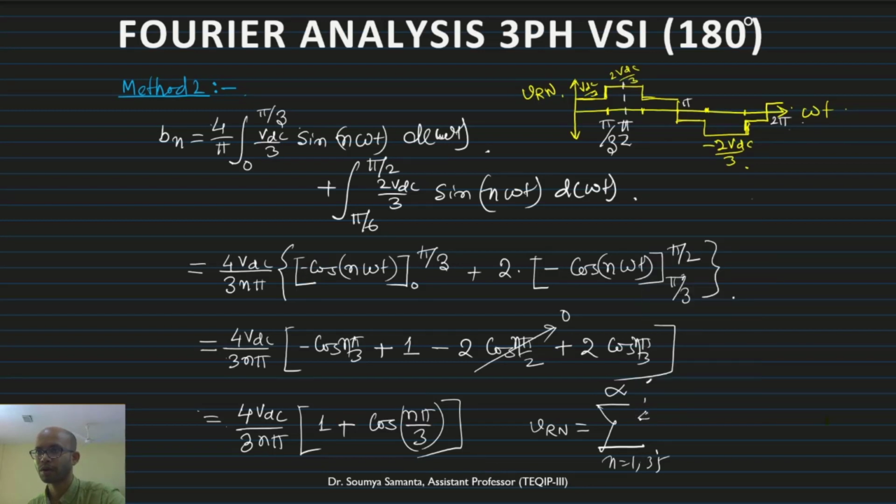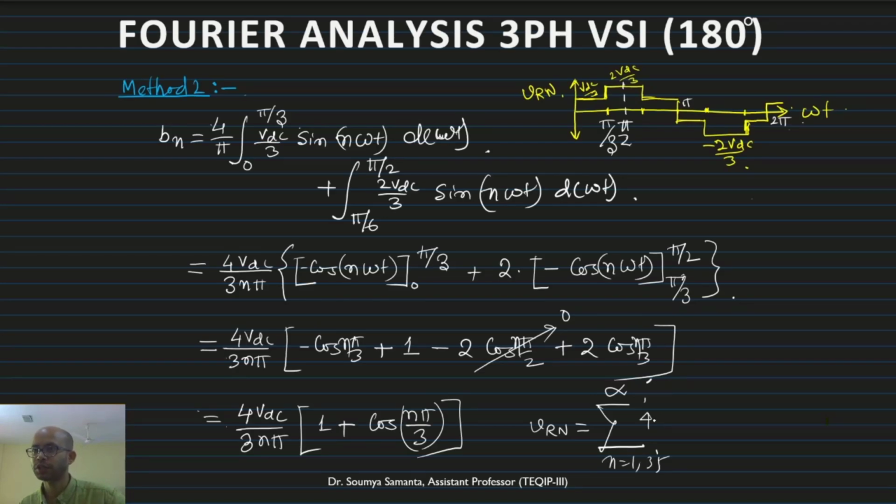So what will be the answer? This will be 4 VDC by 3 n pi, and then this part will be 1 plus cosine of n pi by 3, into sine of n omega t.